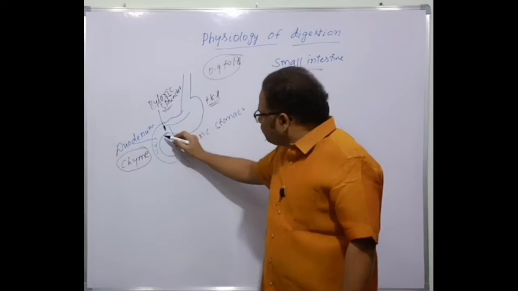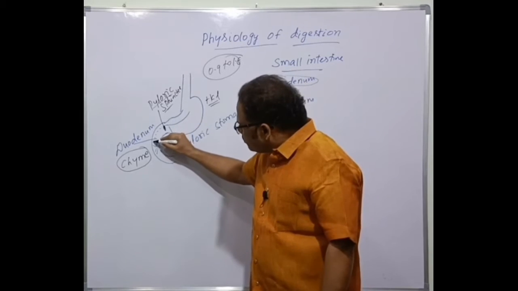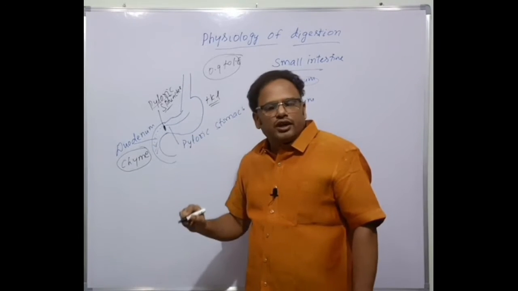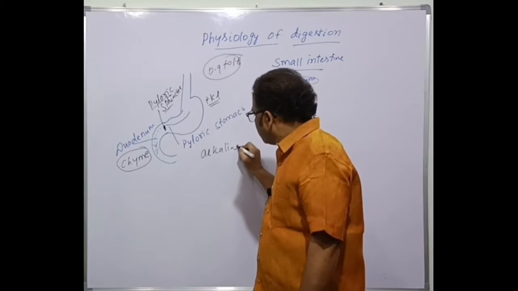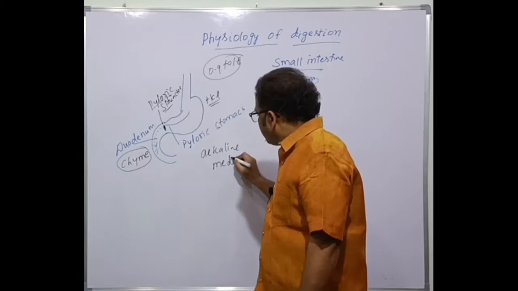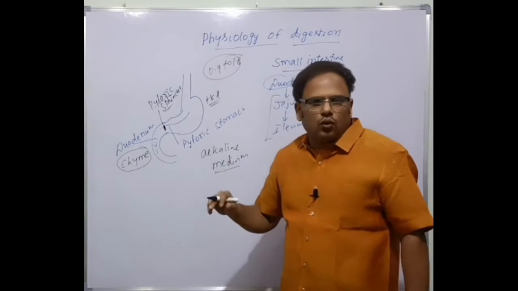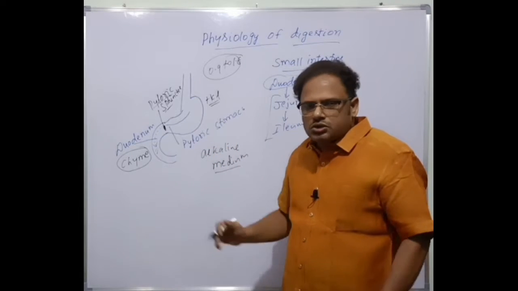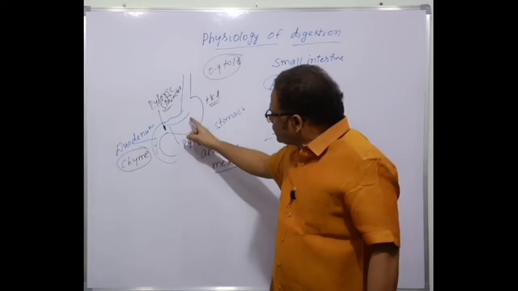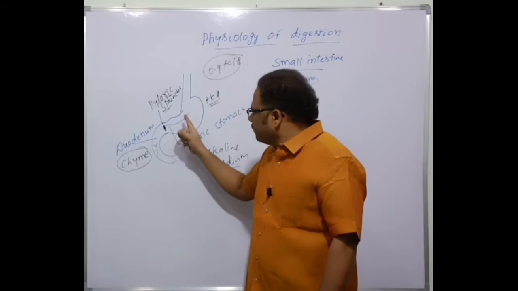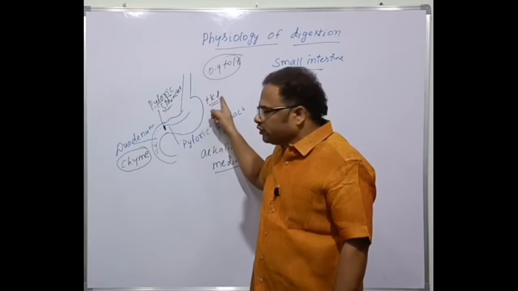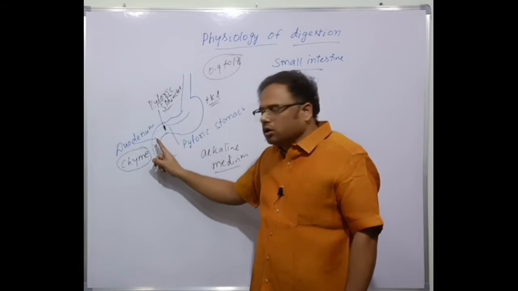But compared to this, the enzymes of the duodenum are activated only under an alkaline medium, that is, the pH should be more than 7. Only then will the enzymes work. So what is the need? The acidic influence, the HCl influence, must be totally stopped in the duodenum.